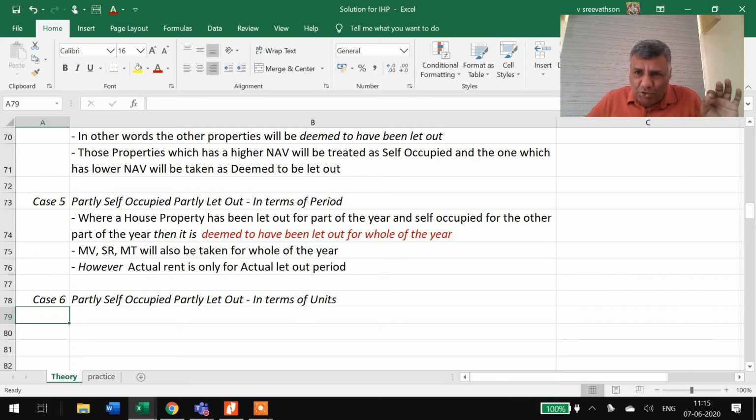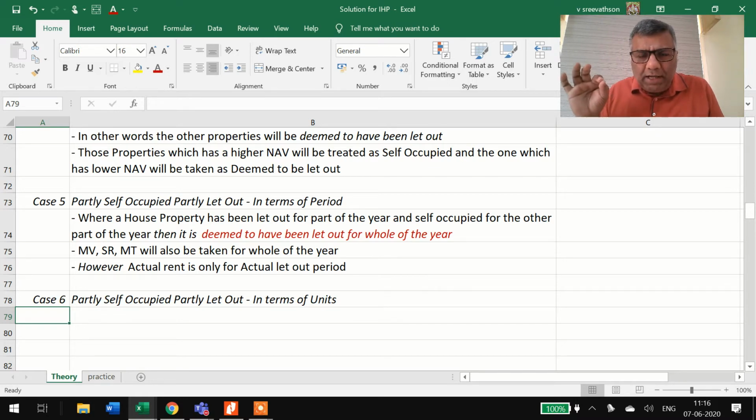Part of the house self-occupied, part of the house let out in terms of units. So how to compute? Because municipal values and standard rent you will get for the whole house only, not for the unit. So the law says each unit will be treated as a separate house property.